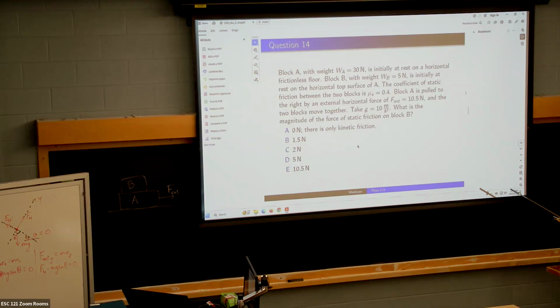Go ahead, go ahead. So draw a free body diagram for each of them individually. And in cases like this where the blocks are moving together, it's also usually helpful to draw one for the two of them together.